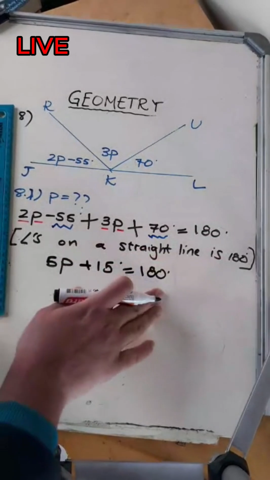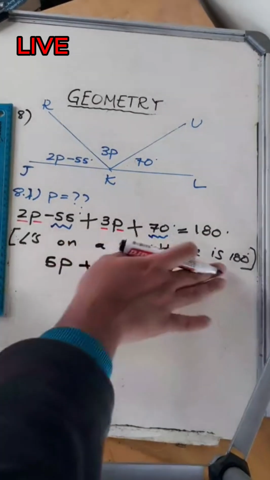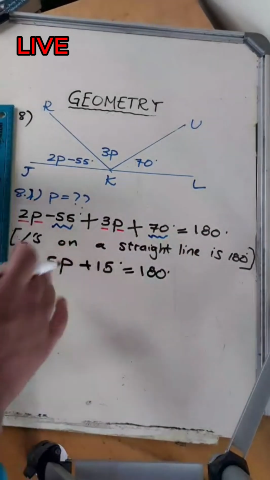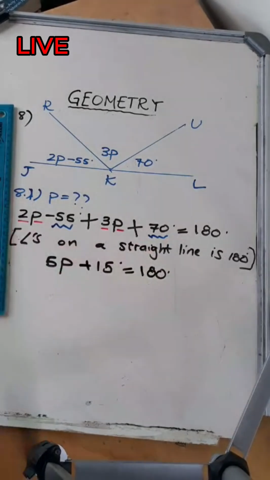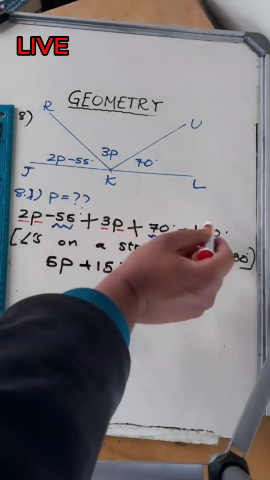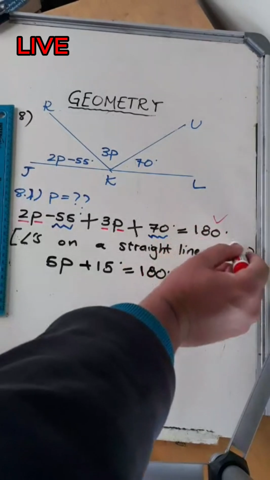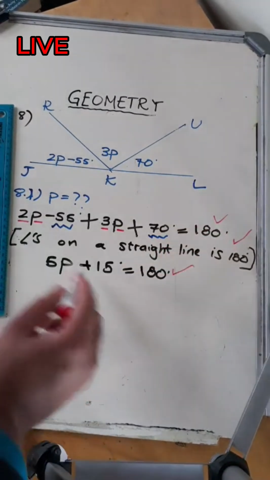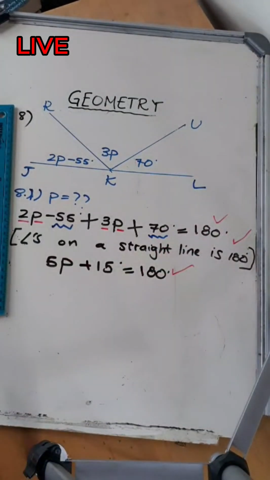Now you don't have to write the reason for that because you already have the reason there. If you're going to write it again, it won't be wrong, but we won't get marks. This is where you're going to score your marks, here and there, because you simplify that.